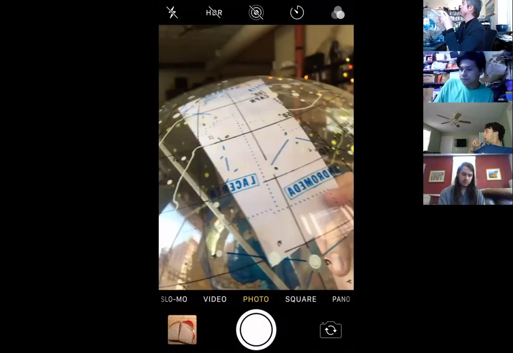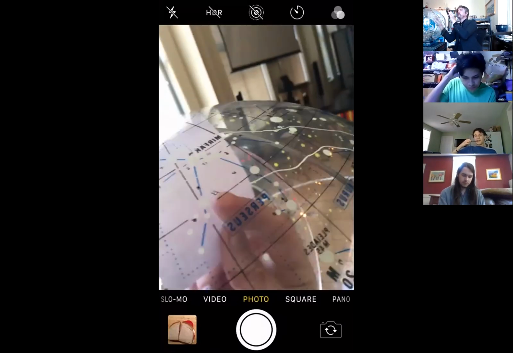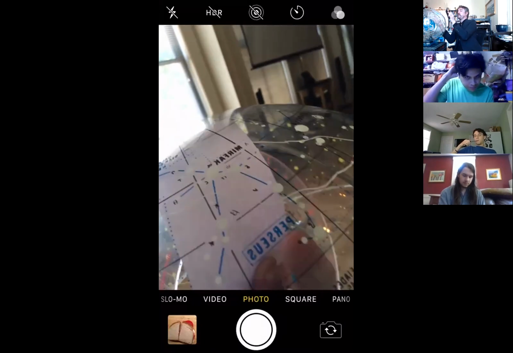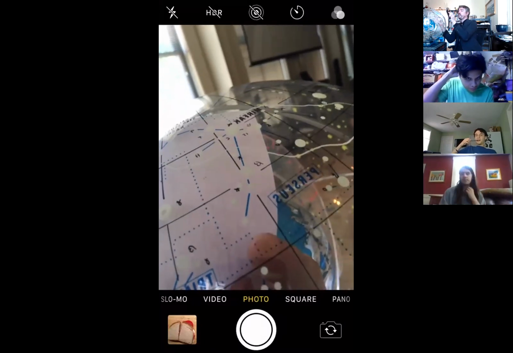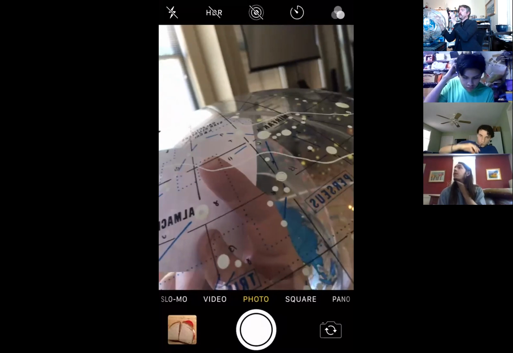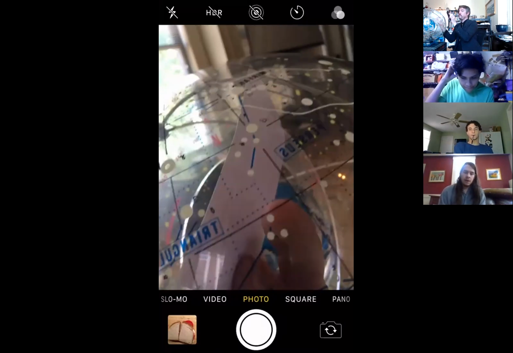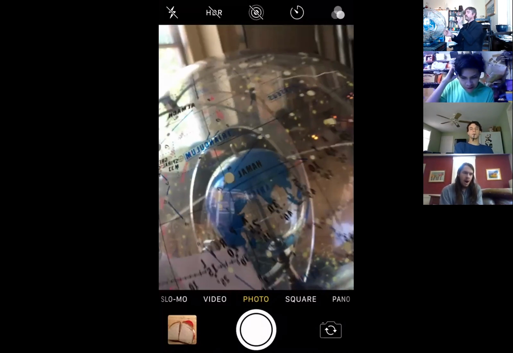Here's one, Perseus, which is a helmet. You can see that there's a stick figure to the sky, but the constellations are actually areas or boundaries in the sky. And these dotted lines mark the boundaries of the constellations.